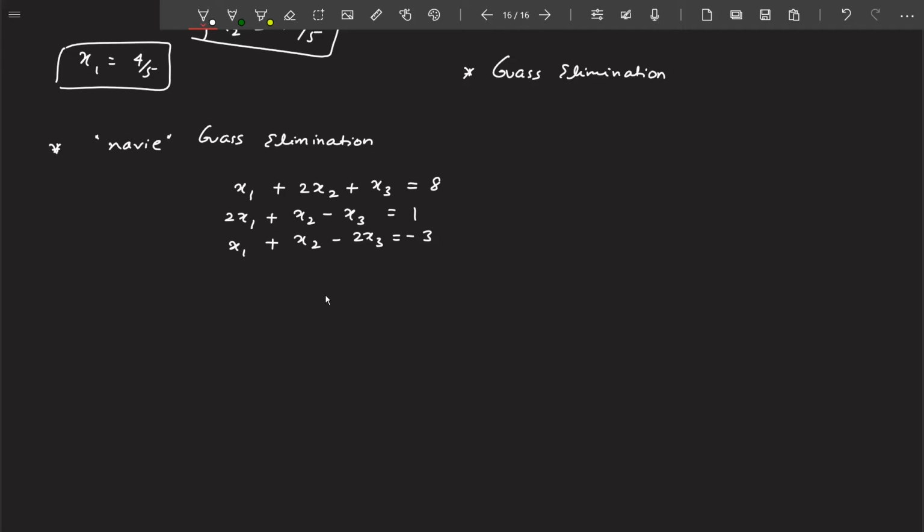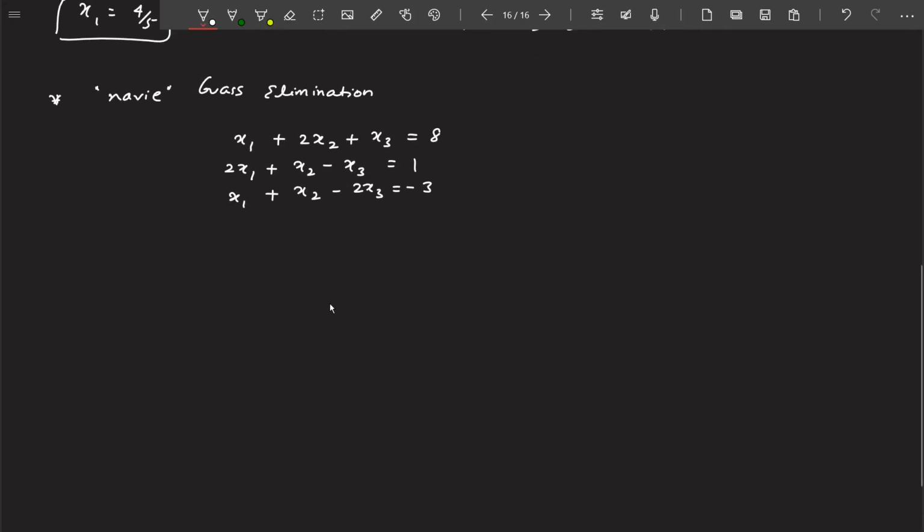To do that, you are going to write these equations in the form of a matrix. You first write down the coefficients. So the coefficients are 1, 2, 1, then 2, 1, minus 1, then 1, 1, minus 2, and this is going to be x1, x2, x3.